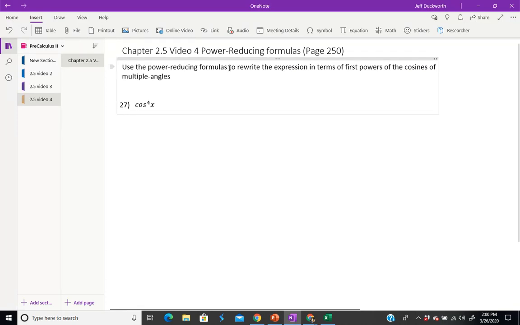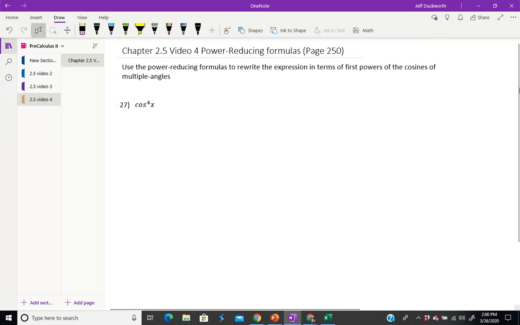So the very first thing we want to do is change cosine to the fourth power into cosine squared times cosine squared.